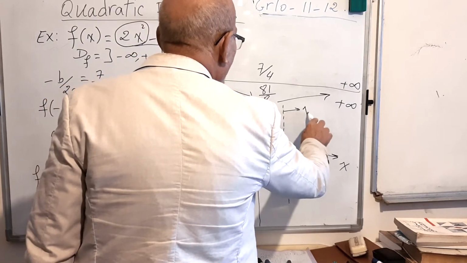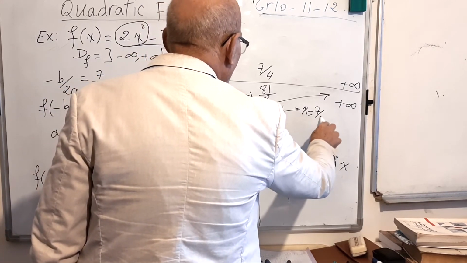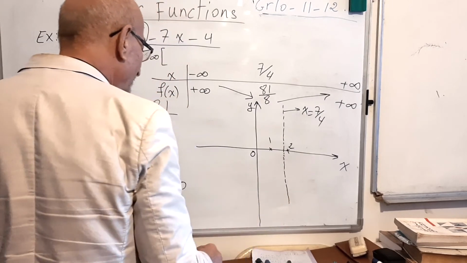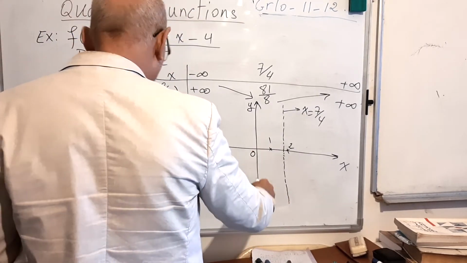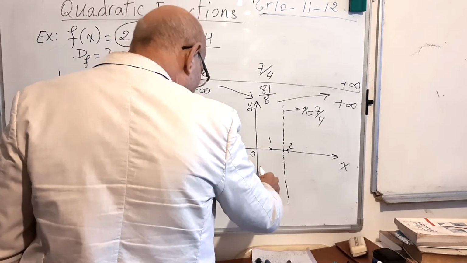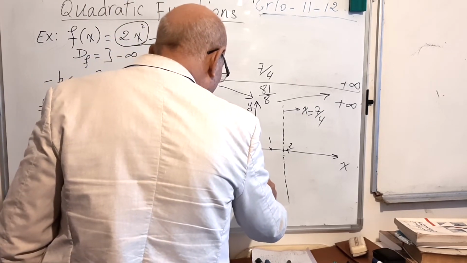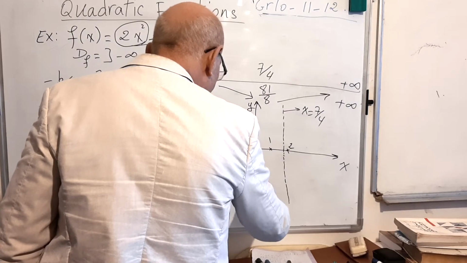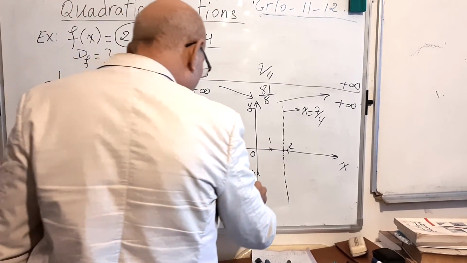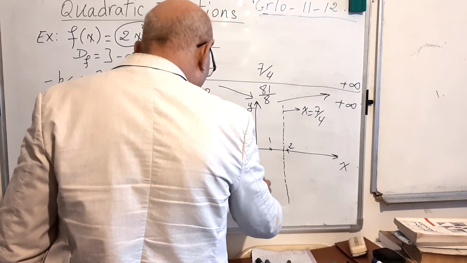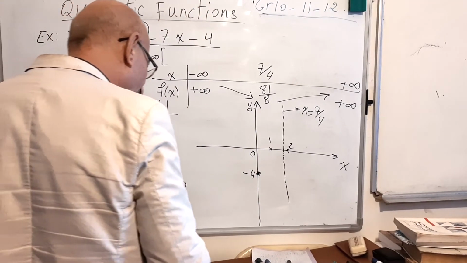F of 0 equal minus 4. For x equals 0, y equal minus 4. The curve passes through this point.